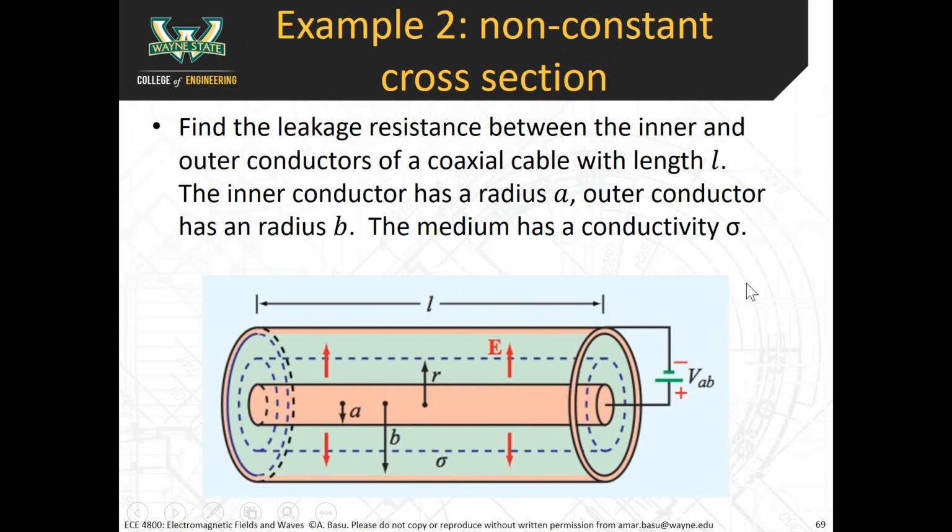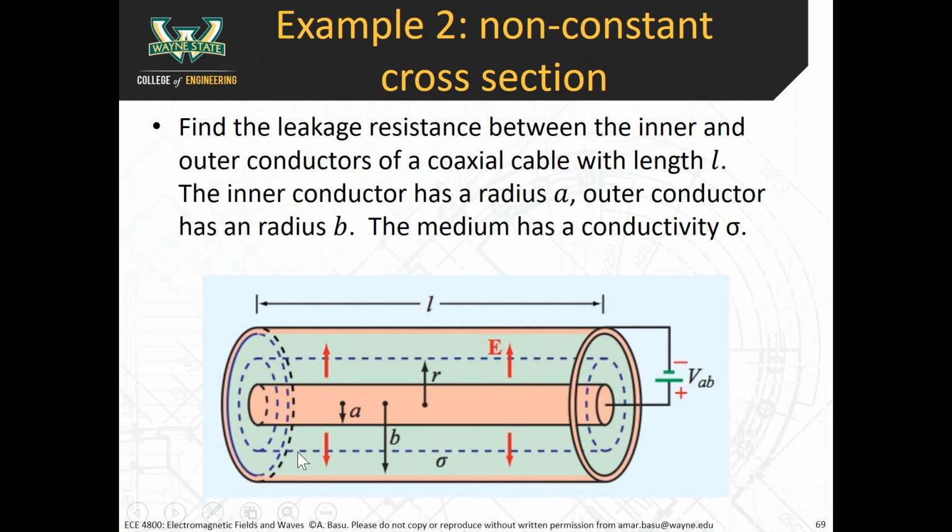Now, for this one, just so everyone is on the same page here, we are trying to measure the resistance between the inner conductor. So you guys have seen coax cables before, right? There's an inner wire and then there's an outer wire. So this is the inner wire here, and the outer wire is kind of like a coaxial shell. It surrounds the inner wire.